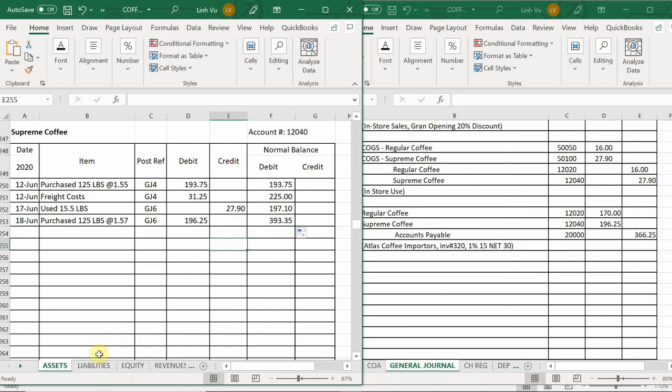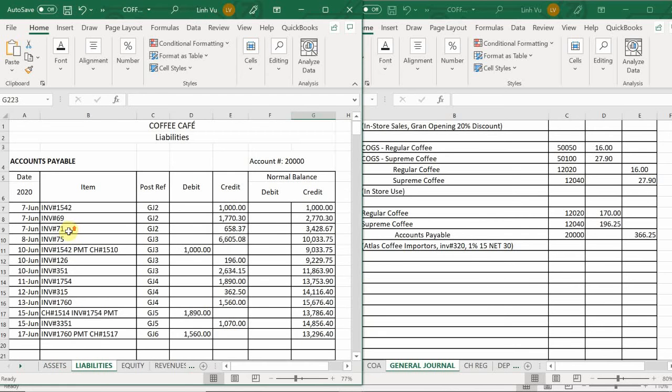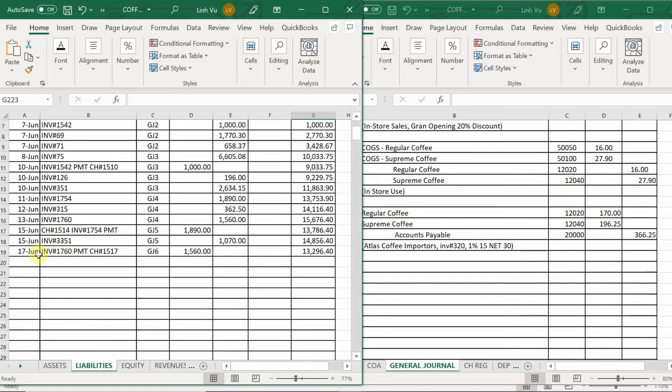So we need to go to accounts payable. We have invoice 320 from Atlas Coffee Importers. Whatever you want to put in there.